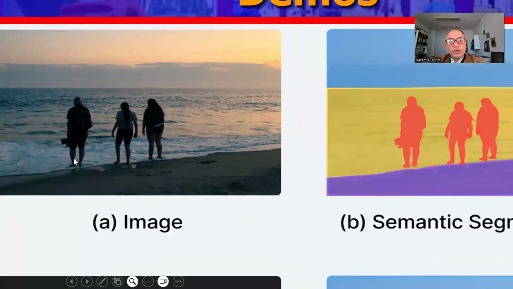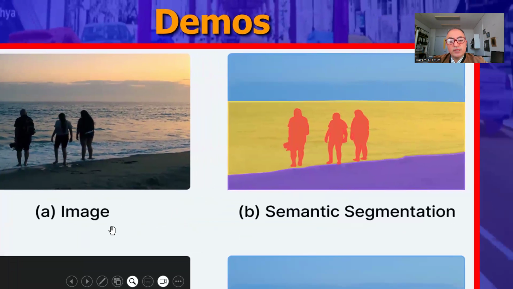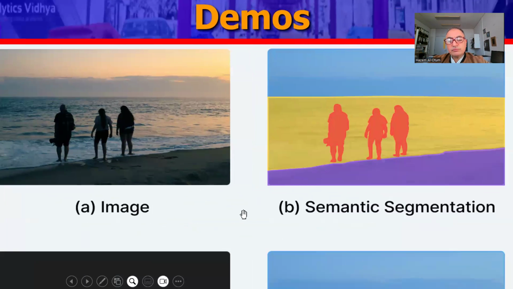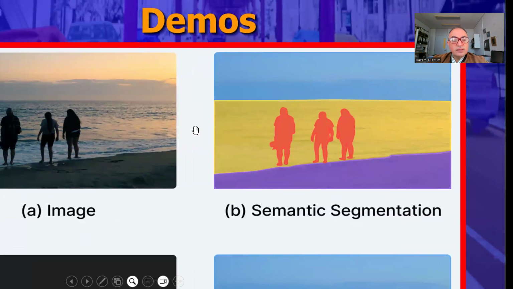When we talk about image segmentation using semantic segmentation, you see that the classification has been done using three classes. The first class is the human or person, two is the sea, and the third one is the sky, and maybe the fourth one, I missed this one, which is the sand or the shore of the beach. This is in semantic segmentation.